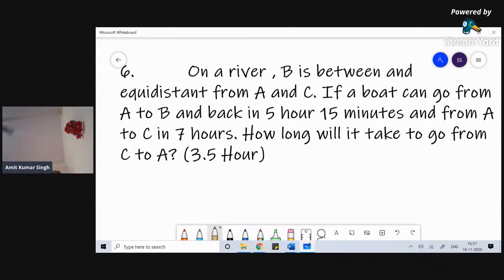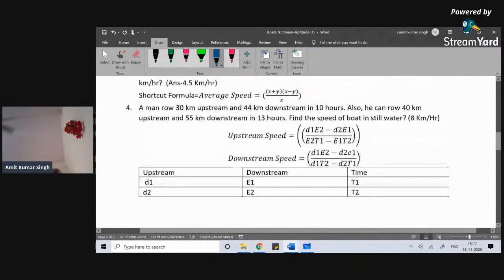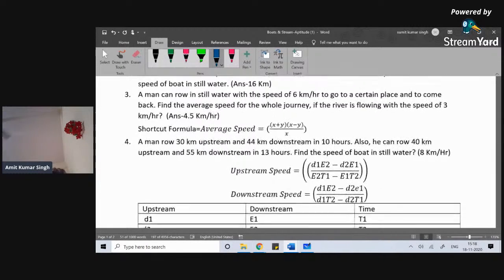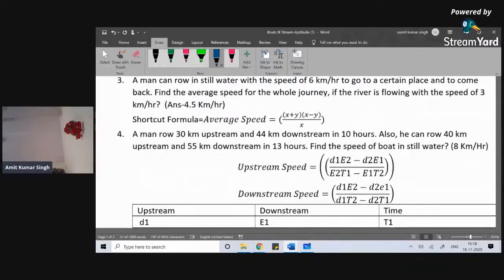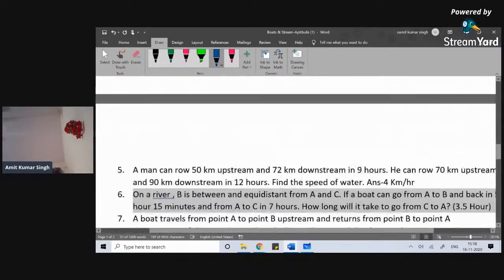Okay, last problem. Shana wants to see the last problem, so I don't know which problem she's talking about. I think, Shana, you're talking about question number 4. Okay, Shana, then.